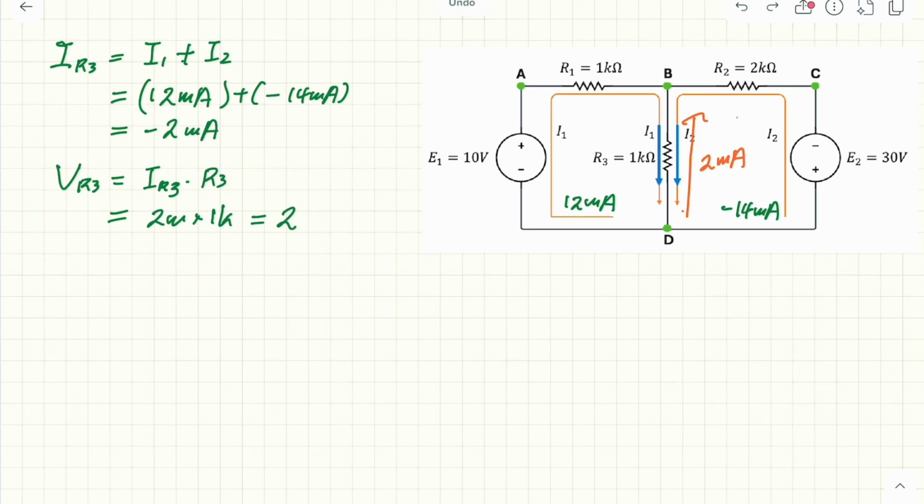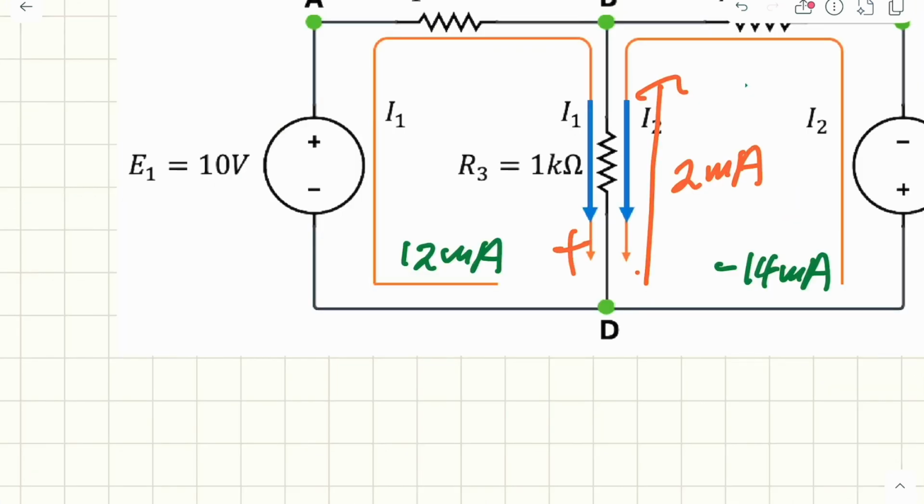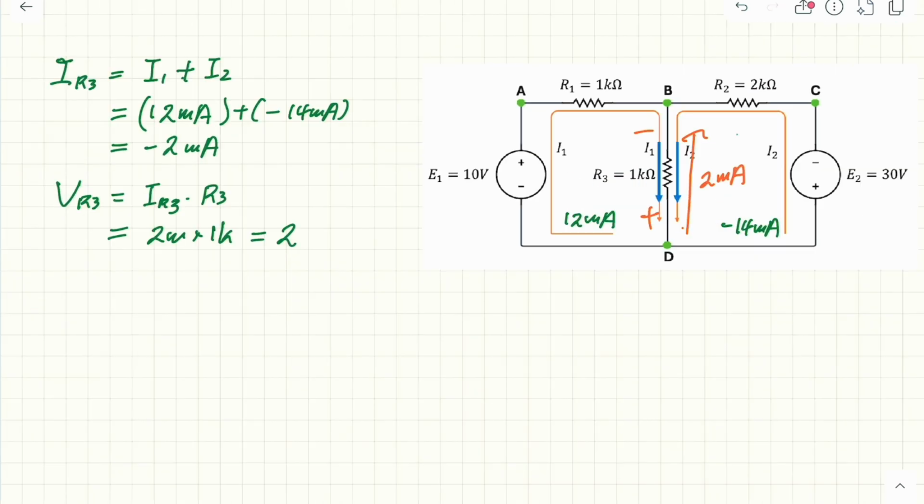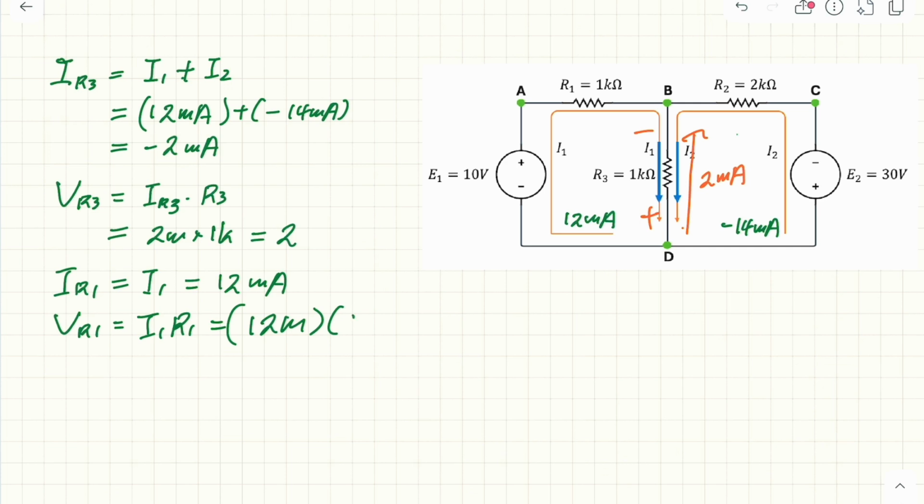Of course, we know from here, this is positive, this is negative. The current passing through R1, IR1 equal to I1, so equal to 12 milliamp, and the voltage across R1, of course, is I1 times R1. So again, 12 milliamp times 1K, this is 12 volt.